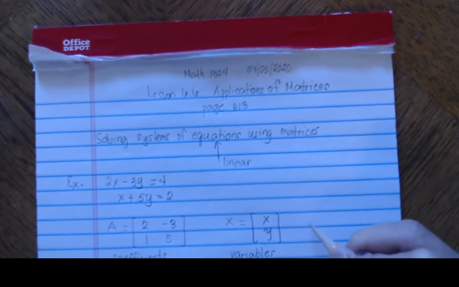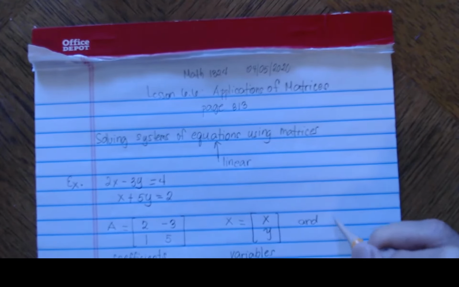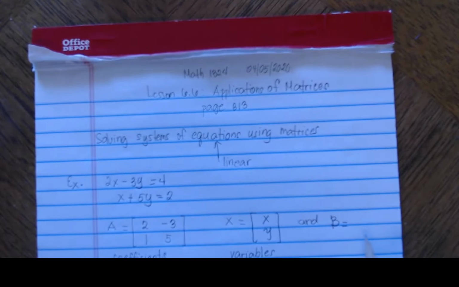And then the last one I will call matrix B, and this will come from the constants. Again, I'm gonna make a column matrix: 4 and 2. You have to follow the order, row 1, row 2.